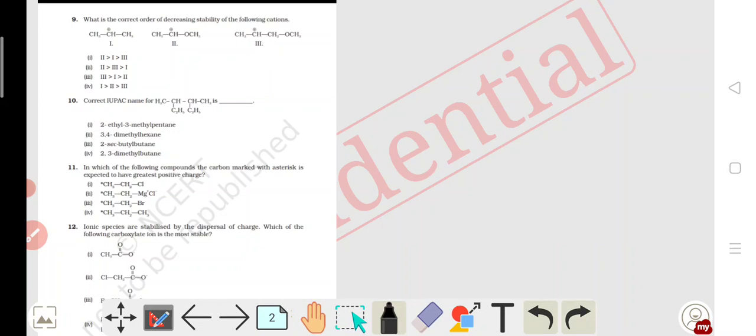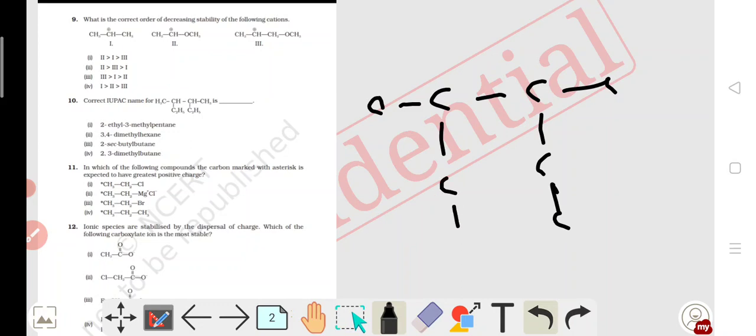Question number 10. The IUPAC name is given here. In IUPAC naming, the first thing we have to identify is the longest chain. Here the ethyl group is written in condensed form.